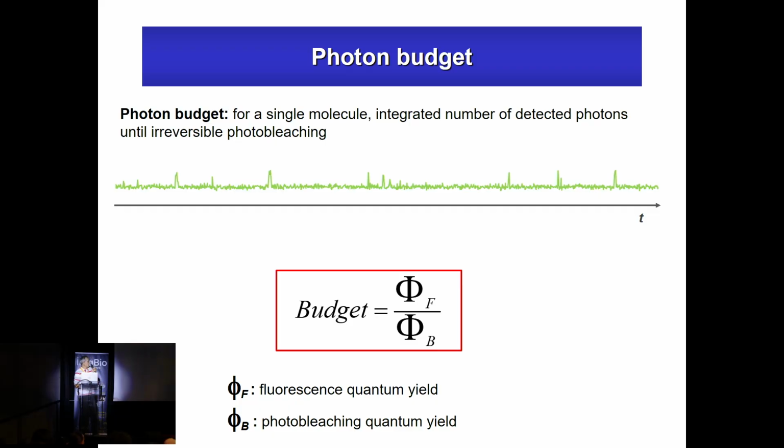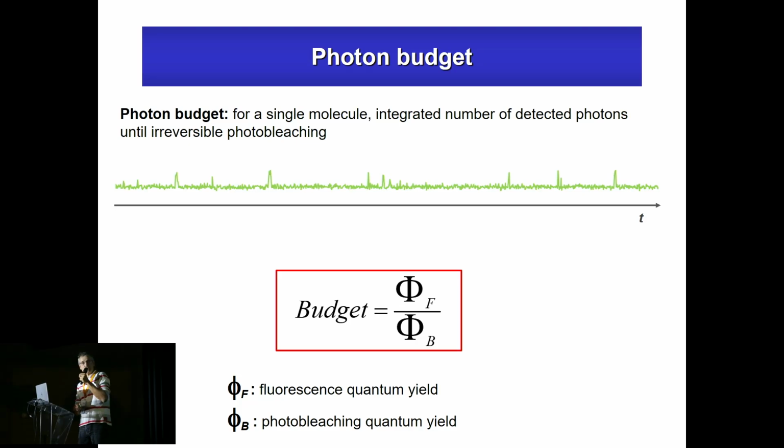Here we have an exemplary single molecule trace of a fluorophore, and you can see it emits bursts of fluorescence separated by long dark times, and the total number of photons emitted before final bleaching would be the photon budget. And that's super important to define the goodness of a fluorophore in SMLM, for example.